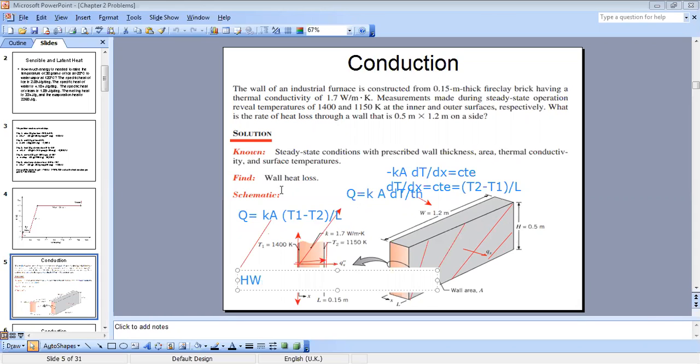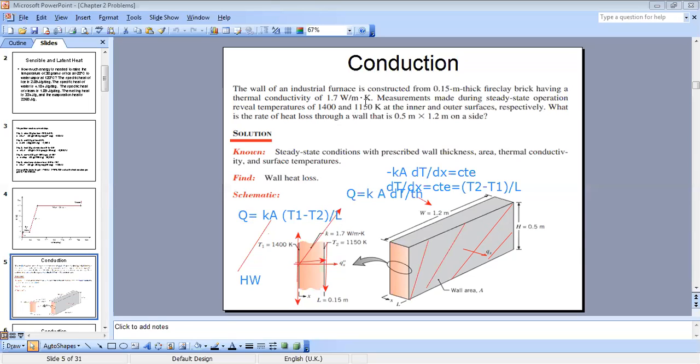Since K is in watt per meter Kelvin, then you will use meter square for A, Kelvin for T, and meter for L. In this problem, because you have delta T, it's not wrong if you use T in degrees, because T1 minus T2 in degrees is equal to T1 minus T2 in Kelvin.